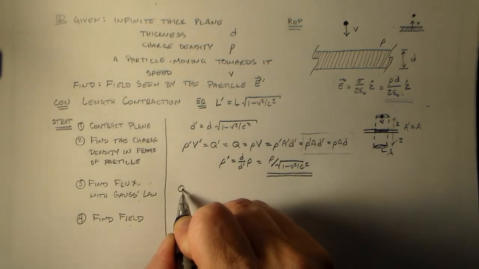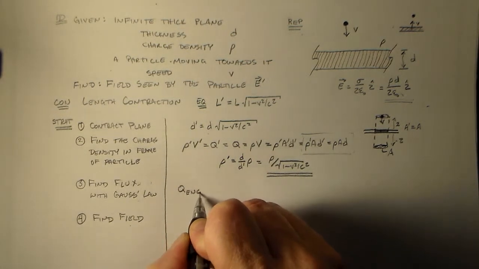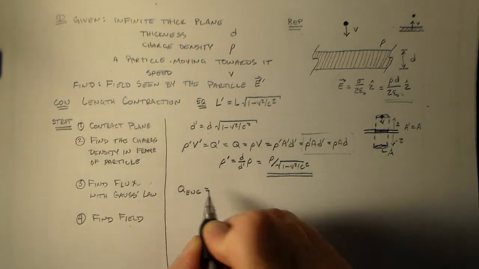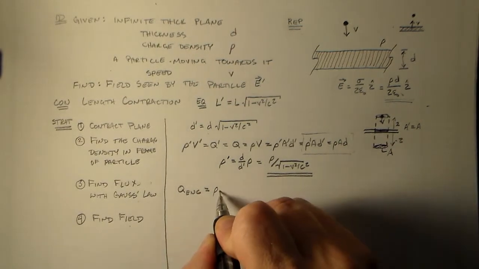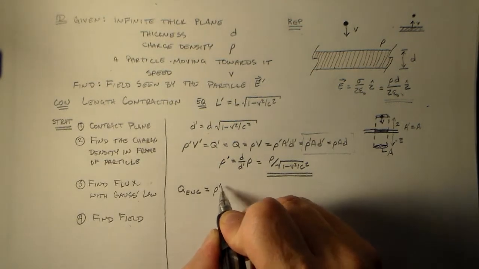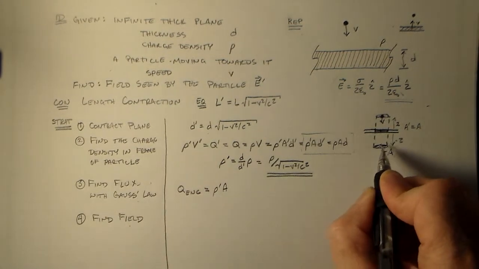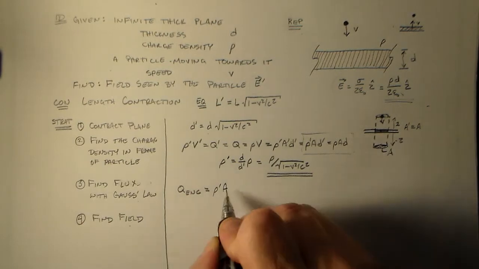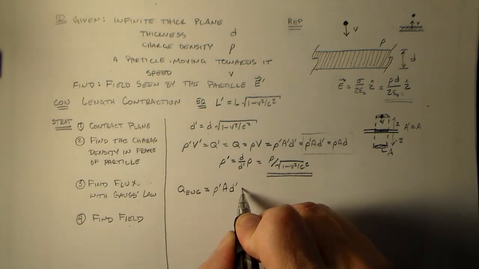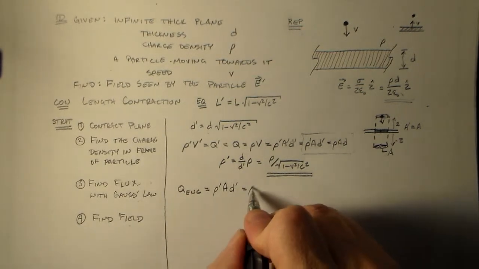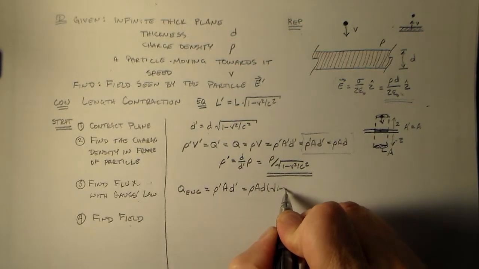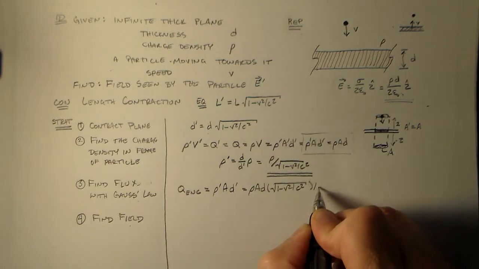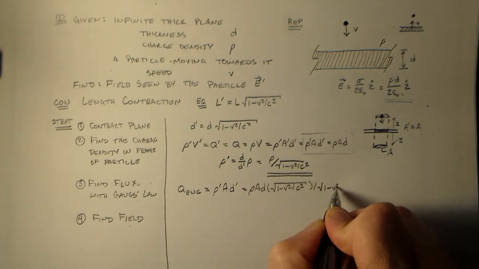So we'll just throw that into our Gauss's law. The enclosed charge is equal to rho prime times A times the thickness here, which is D prime, which is equal to rho AD times the square root of 1 minus V squared over C squared divided by the square root of 1 minus V squared over C squared.